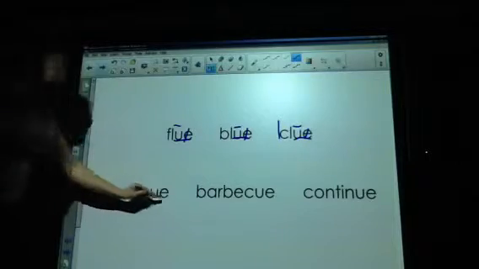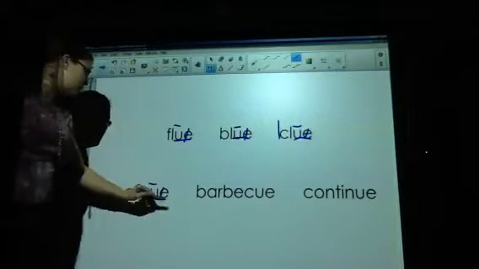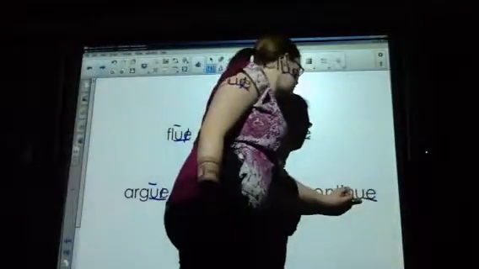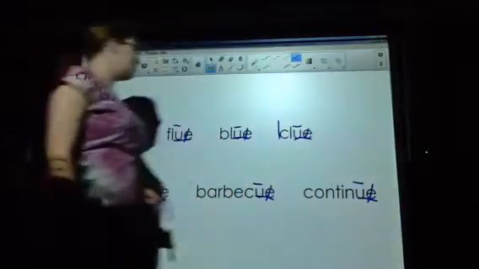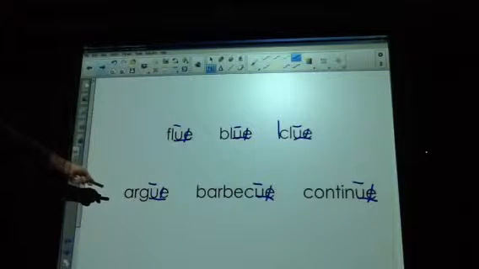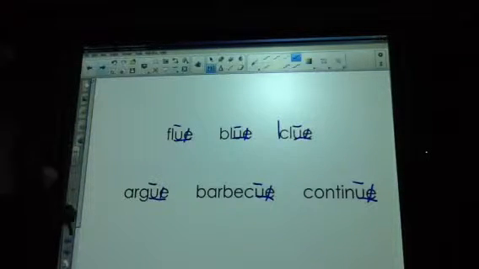Okay? Let's do our digraphs down here. What else do I need to do for this word? Maya? Put an arc under AR. Okay. Is that it? No, it's not. I have two vowel sounds in that word.